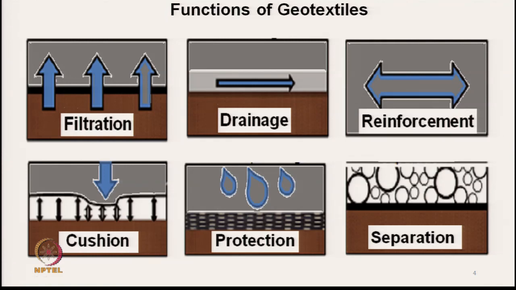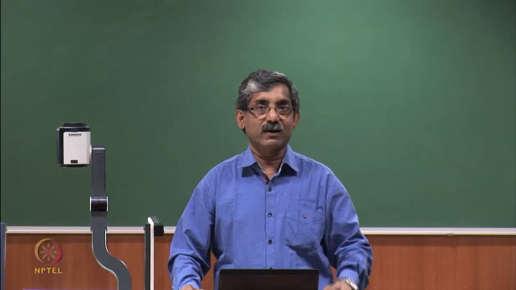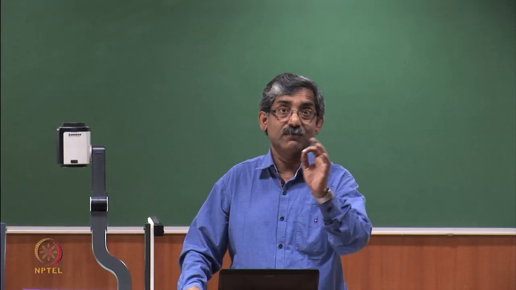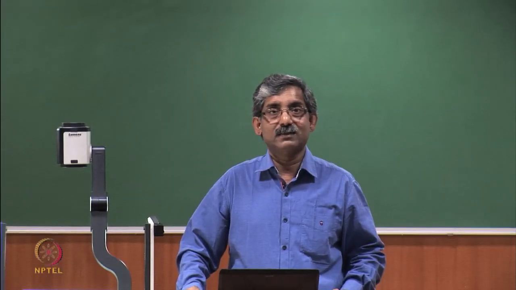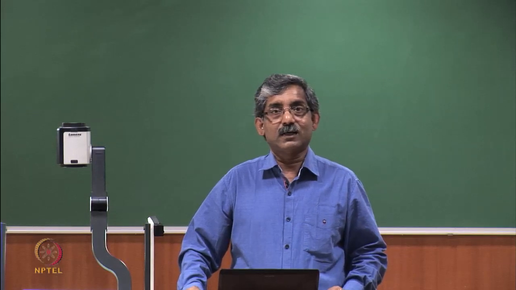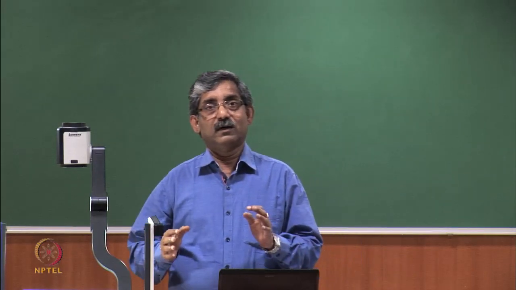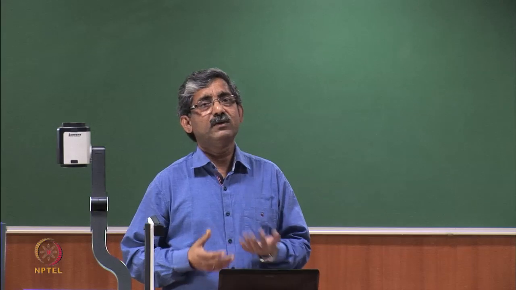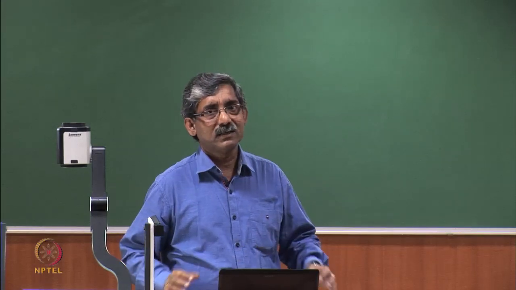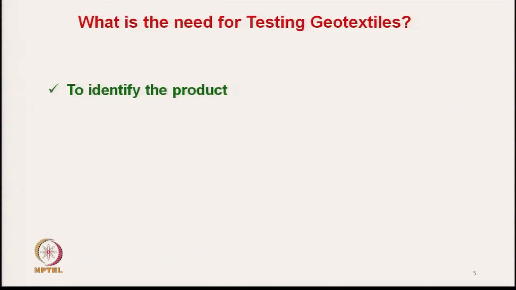So, here geotextile is placed in between these two surfaces and their individual identities are maintained. So, after understanding the basic functions of geotextiles, let us first try to see why do we need to test geotextiles.